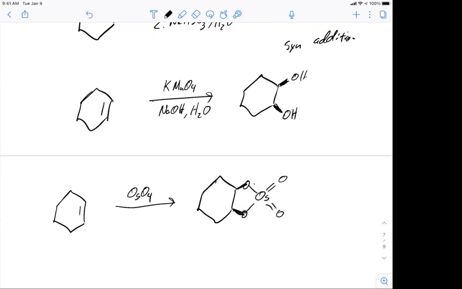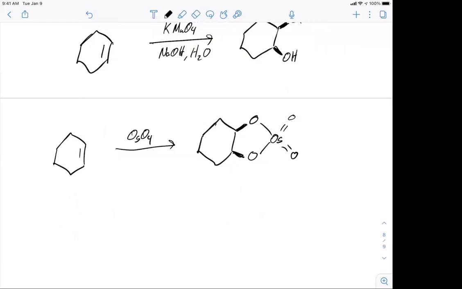Right, so let me redraw that. That's kind of ugly. So we end up with this species, right? And this is where we get the syn addition, right?